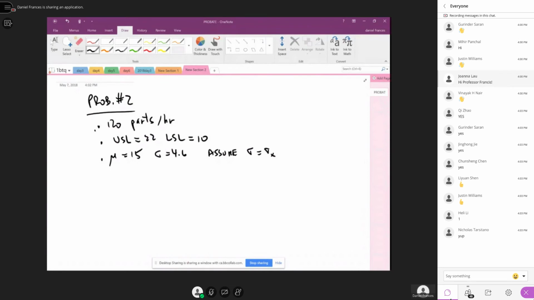What's the expected number of defective parts produced above USL and below LSL? So expected number. Now expected number of parts produced when? Is this the expected number of defectives produced, is that of the 20? So there's another question here.